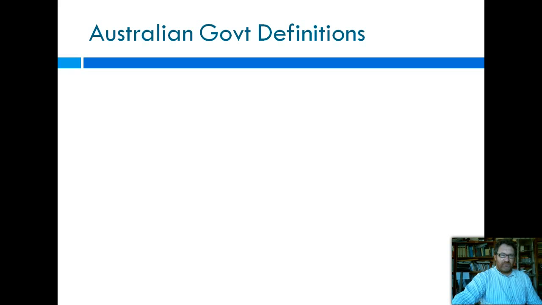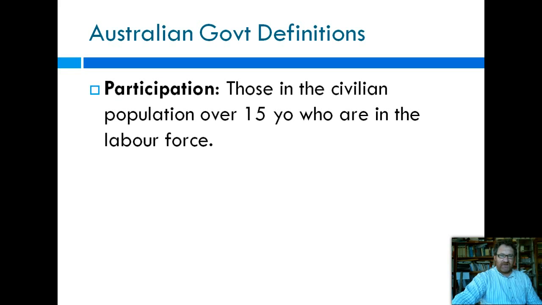Governments have more specific definitions than that, and here we're talking about labour in particular. So here are some definitions that we need. The first is participation. So participation in the labour force refers to those civilians in the population who are over the age of 15 who are in the labour force.